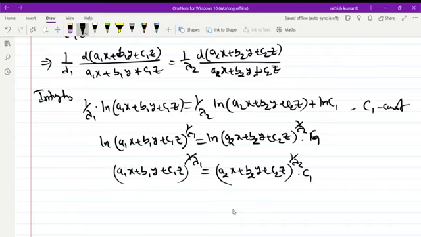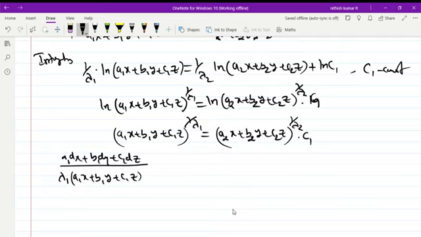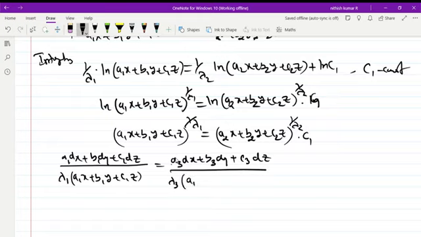Now similarly, by considering the other two ratios, that is a1 dx plus b1 dy plus c1 dz divided by lambda 1 into a1x plus b1y plus c1z is equal to a3 dx plus b3 dy plus c3 dz divided by lambda 3 into a3x plus b3y plus c3z.